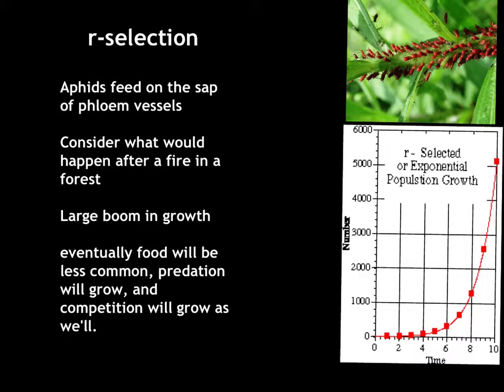An example of how the environment can boost the population of an R strategist is, say, after a forest fire. The forest is going to have a lot of new sprouting trees and very vulnerable stems that insects called aphids can puncture and feed off of. They feed off of the sap coming through the phloem of the plant stem.